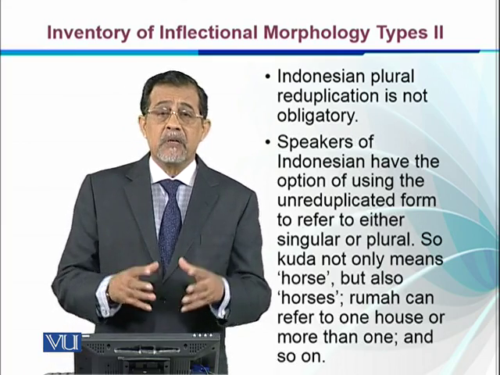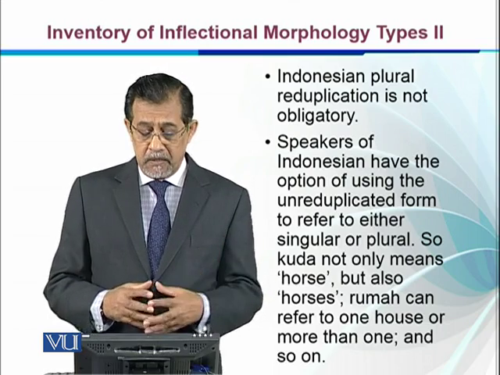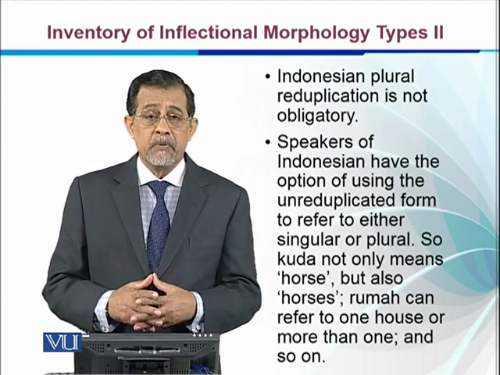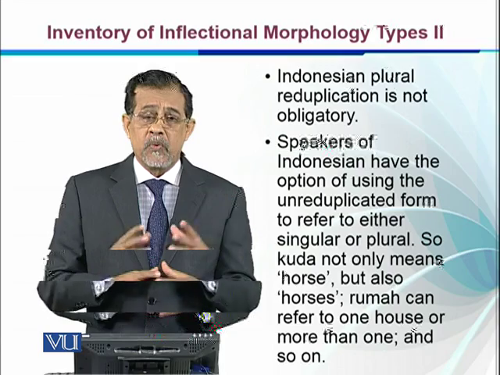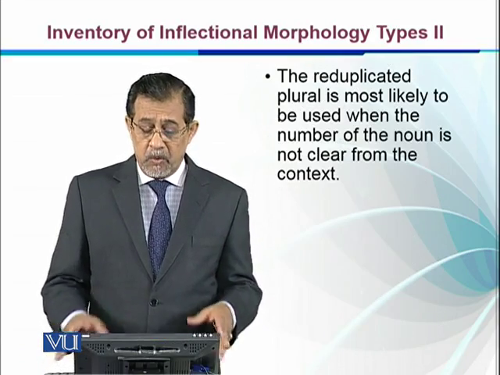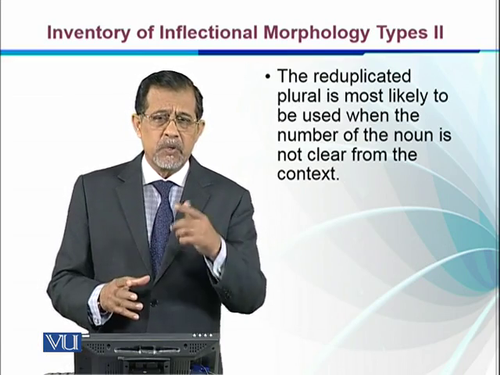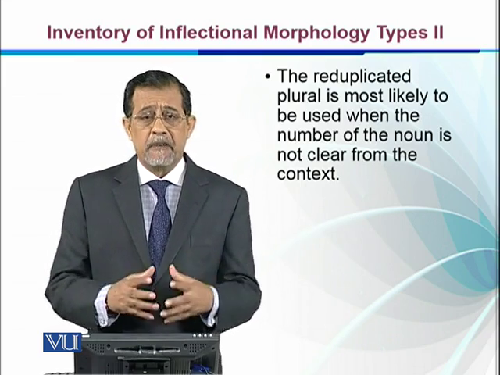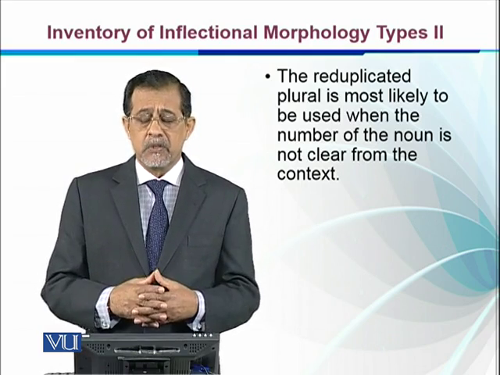So the speaker of the Indonesian language uses an unreduplicated form to refer to a singular as well as plural noun, right? So this is obligatory especially in the cases when the number of the noun is not clear. So in that case, the reduplication is obligatory. Otherwise, if the number is known from the context or the sentence, there is no need of it.